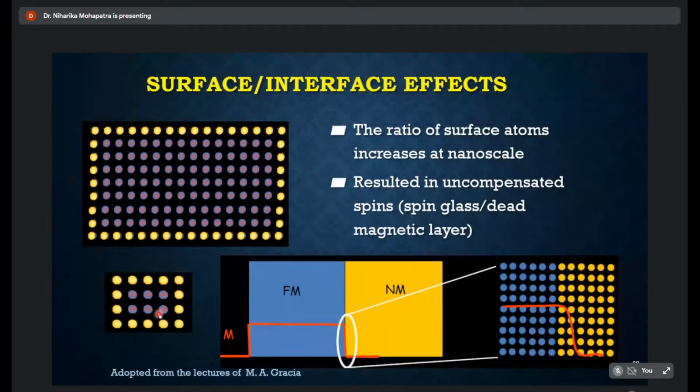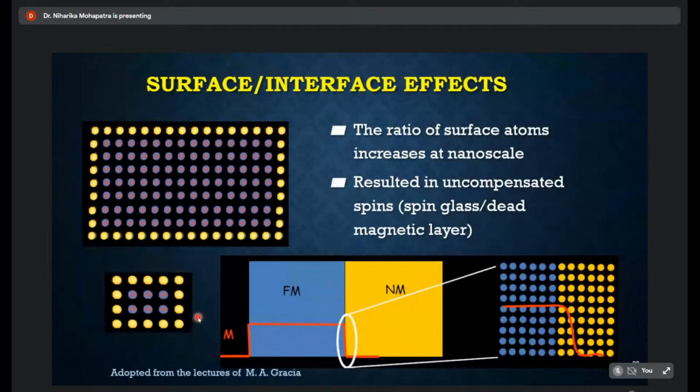Now, when I reduce the size, you can see there are more atoms on the surface rather than in the volume. So the surface to volume ratio increases. The surface atoms to volume atoms ratio increases. This can also change the magnetism of the material.